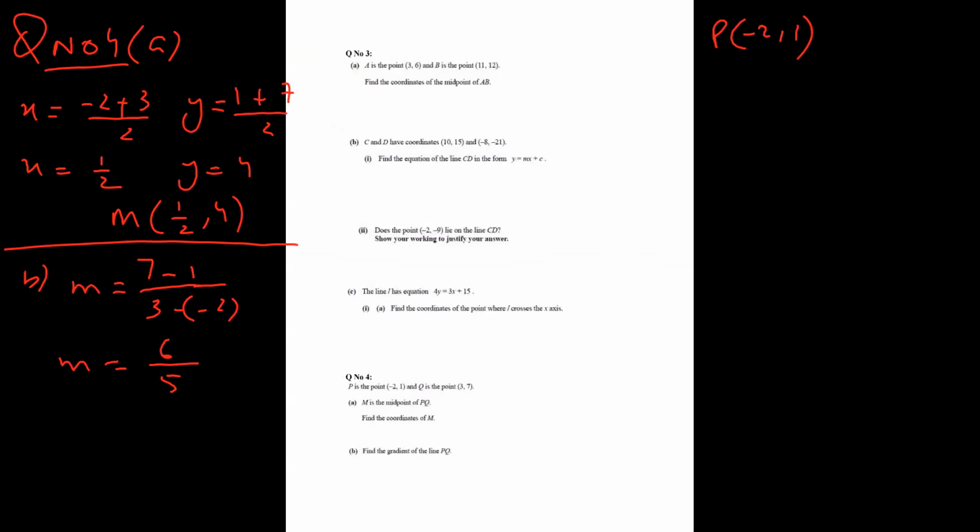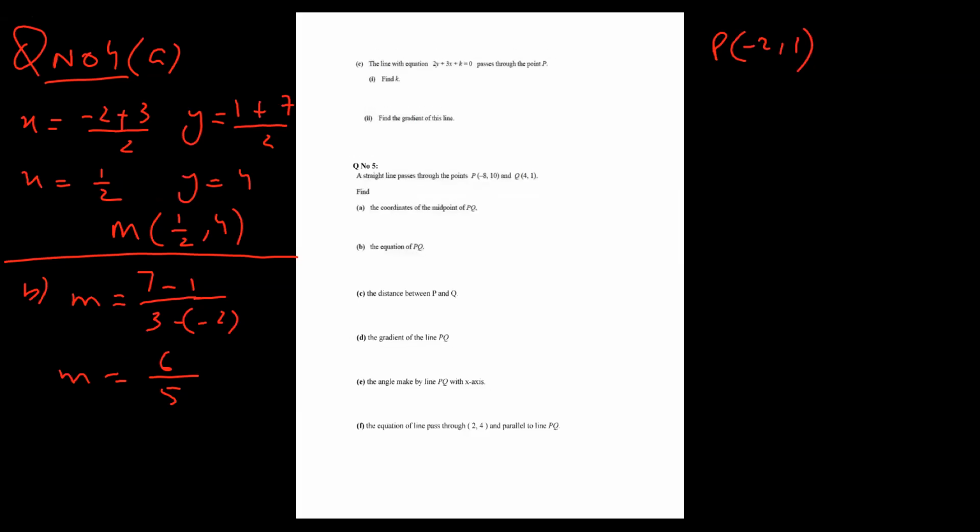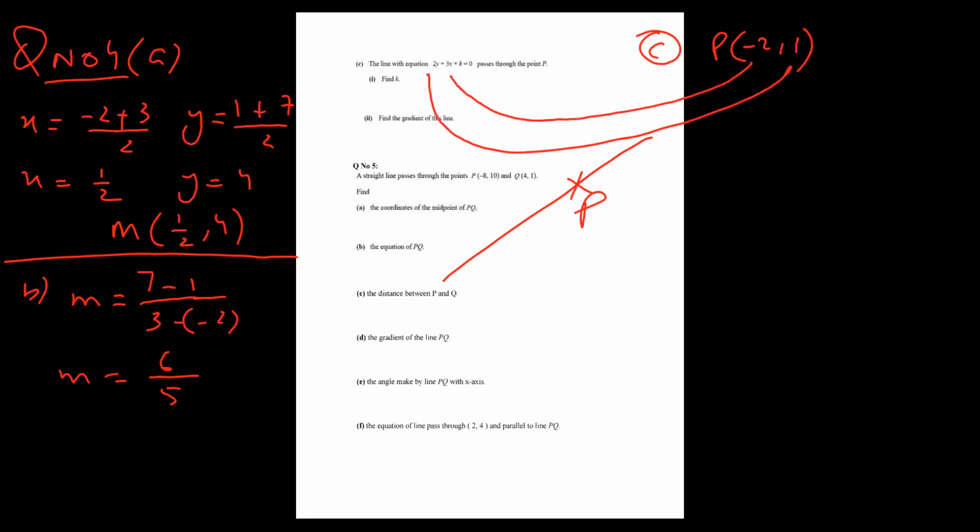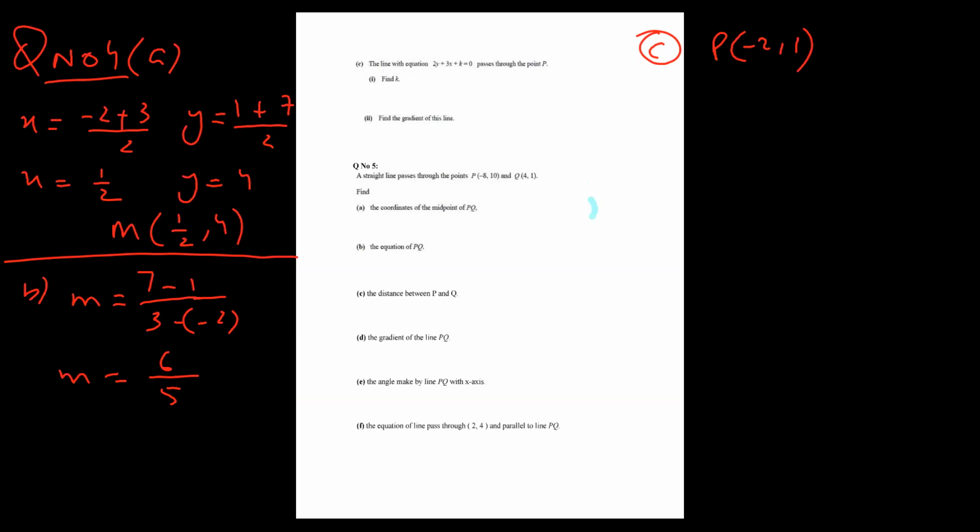According to the question, let's see what the demand is here in part C: that this line passes through P, or the point lies on the line, same thing. So I have to replace this value in the place of X, this in the place of Y, and get the unknown variable. So put X equals minus 2 and Y equals 1 in this equation.